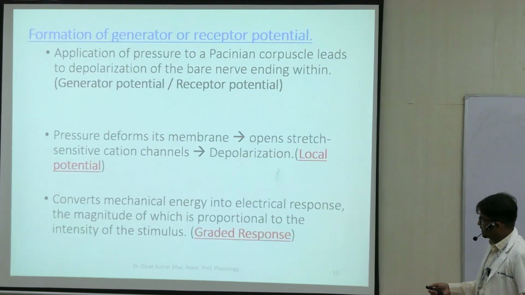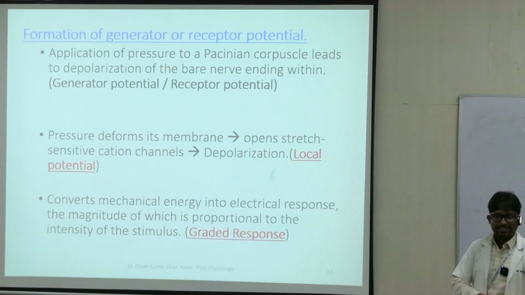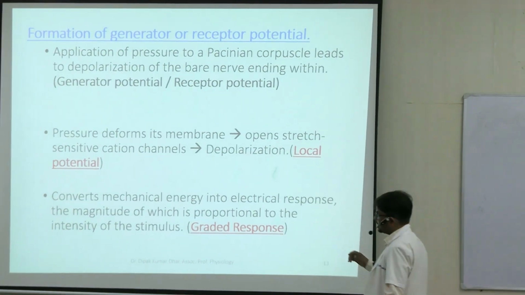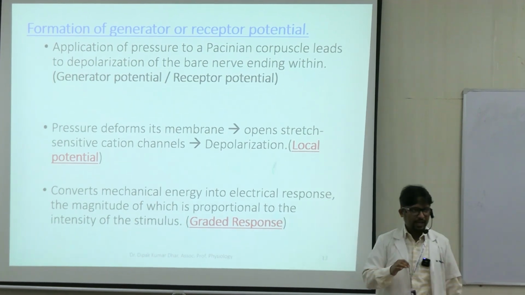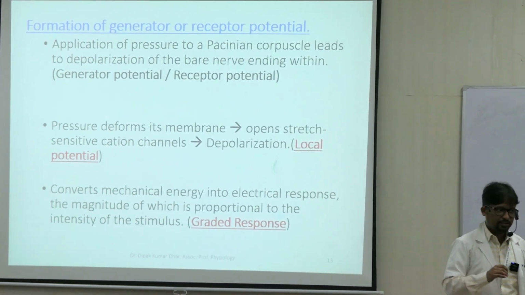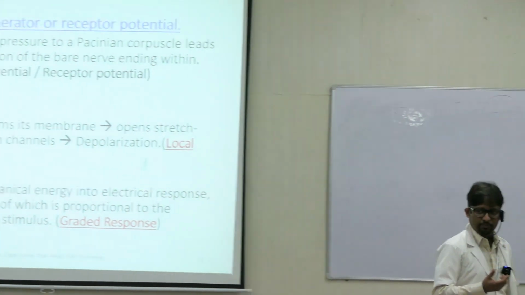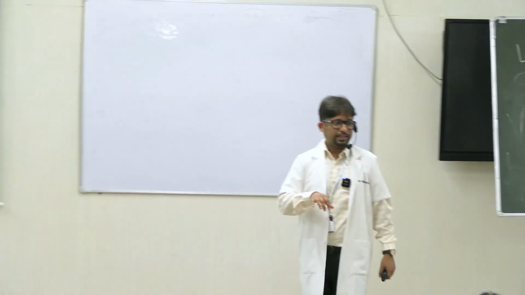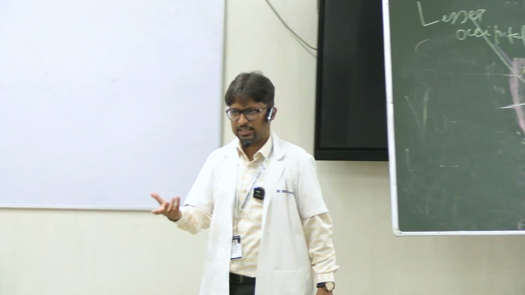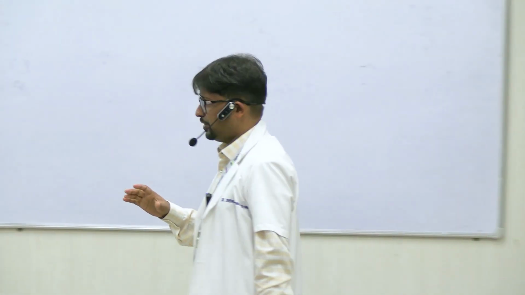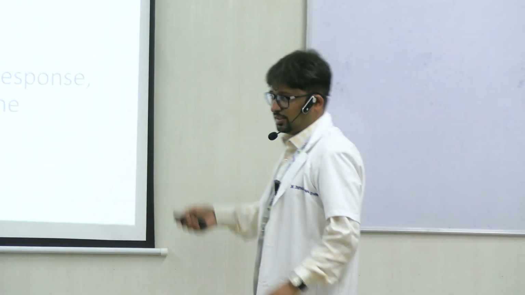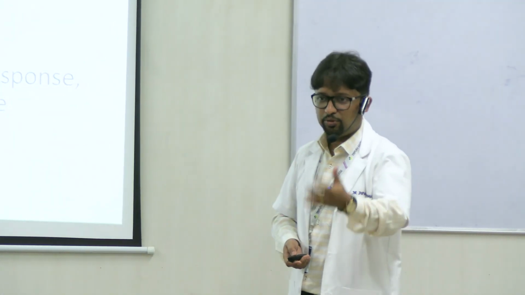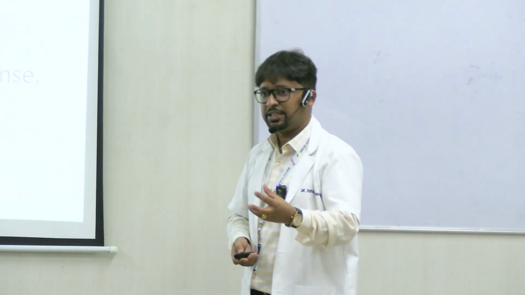Now here, stretch sensitive cation channels open in the neuron, and once cation channels are opened, what will happen? There will be influx of cations, sodium, in some cases calcium, majorly sodium. So in the neuron now you have a depolarization, right? So the initial response is a local potential.